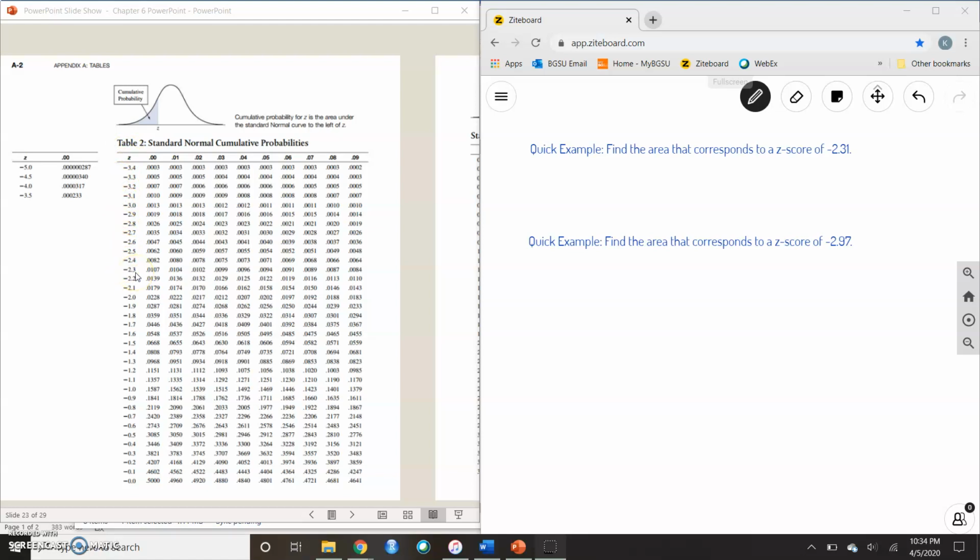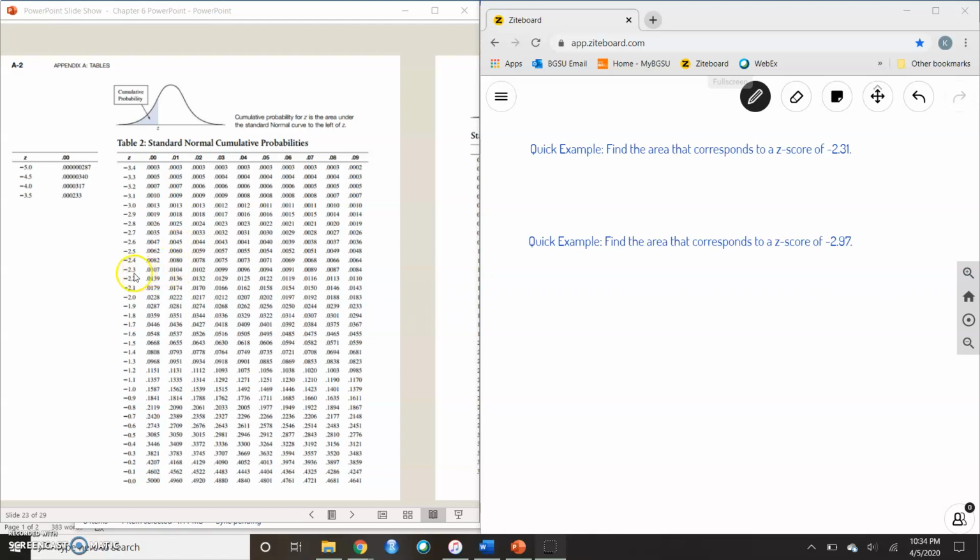Now, my 100th decimal number is 1. So I'm going to match negative 2.3 to the row that has 1 in the 100th decimal place. If I match it up, then I see that this number right here, 0.0104, is what corresponds to a z-score of negative 2.31.